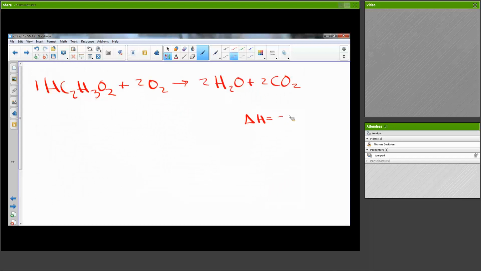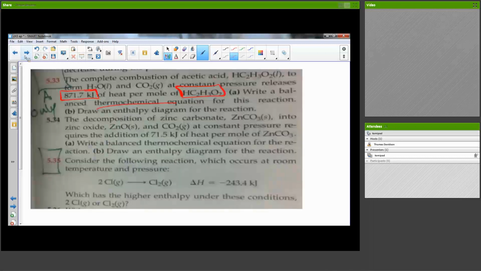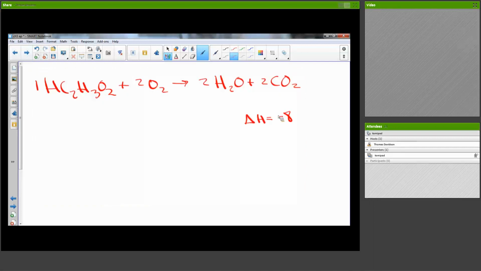I already forgot there, 8 something. Anyone remember what it was? 871.7. Okay? That is one way to completely correctly answer this question. You just throw on that delta H is equal to that. Or you can put plus right here, 871.7 kilojoules.